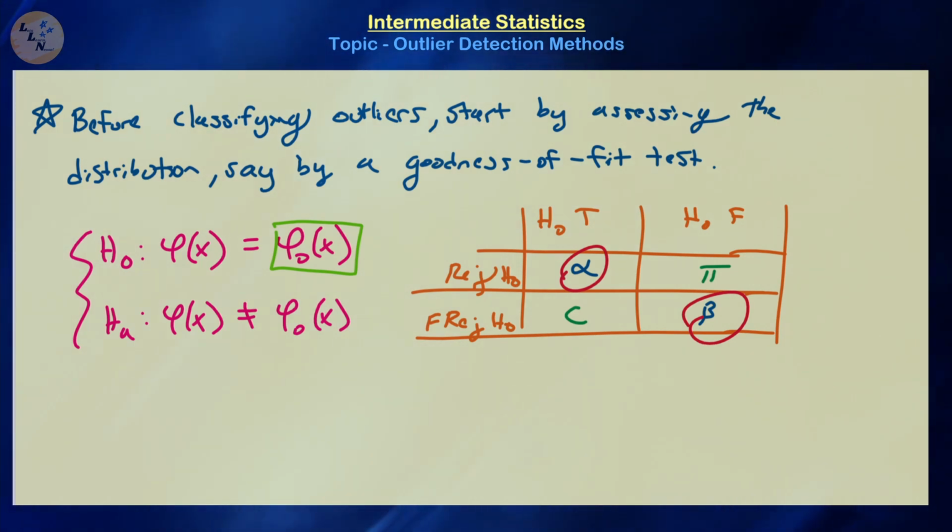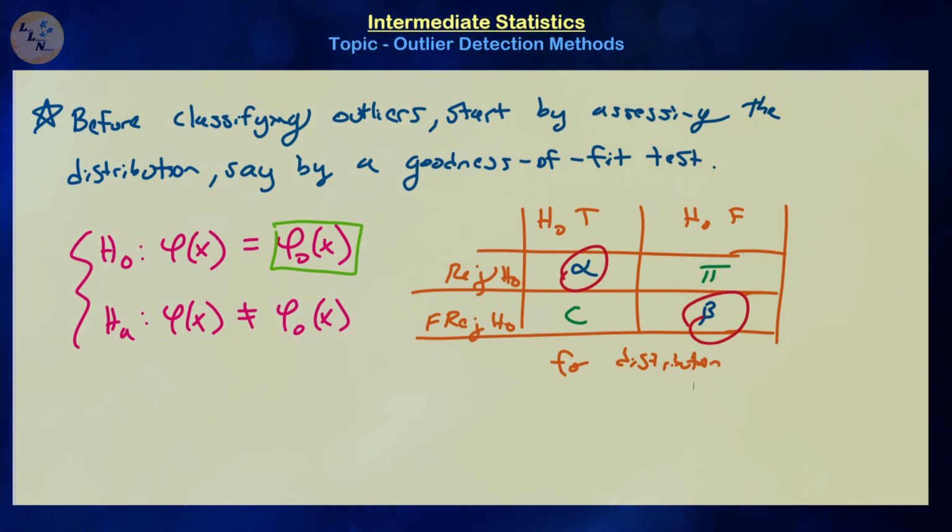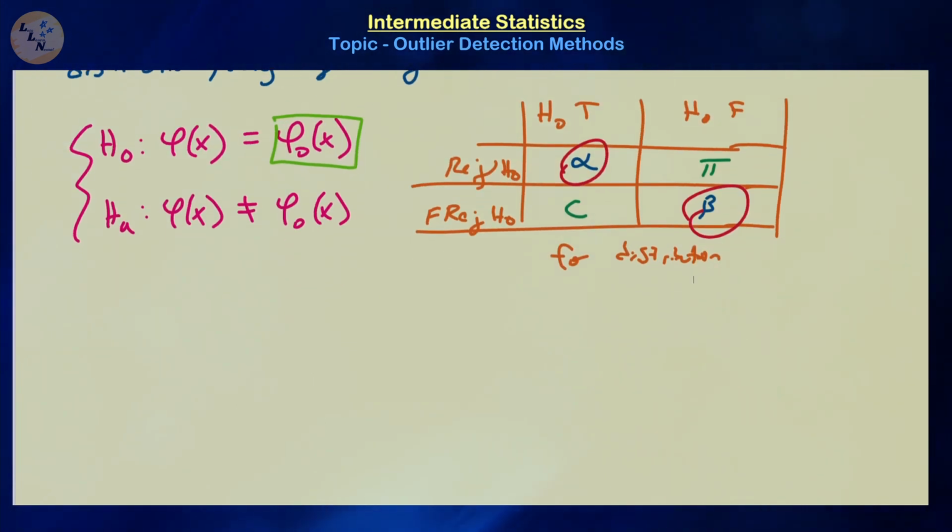But notice that this square is only for the distribution. So even though the distribution might be true or false, then we need to go to the next step and start classifying outliers. All right, so let us assume that the distribution actually is normal and we fail to reject it, right?